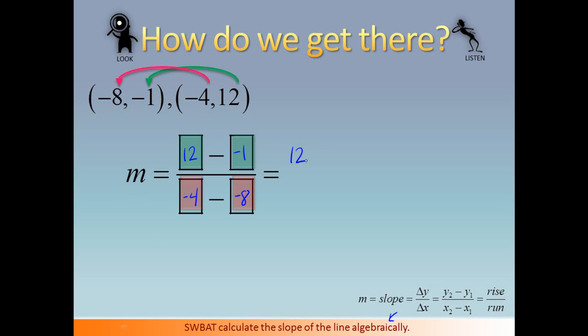So this becomes 12 plus 1 over -4 plus 8. So we have 13/4. And it's good practice to leave it as an improper fraction. So our slope, finding the slope algebraically between these 2 points, would be 13/4.